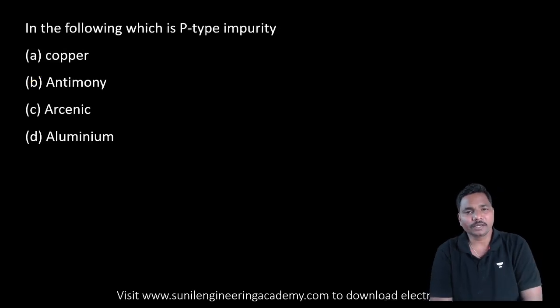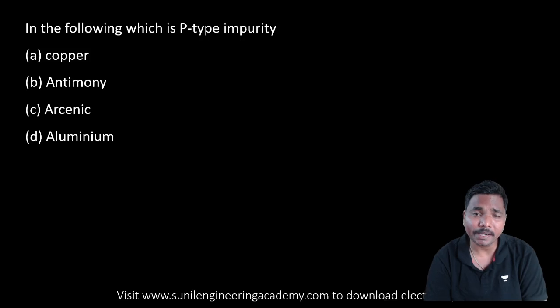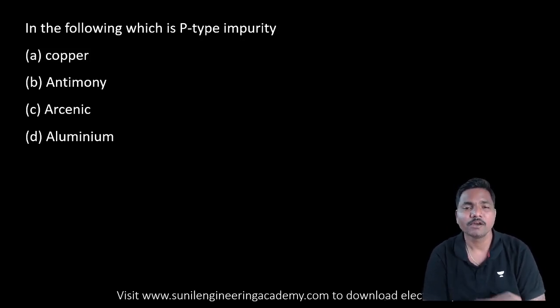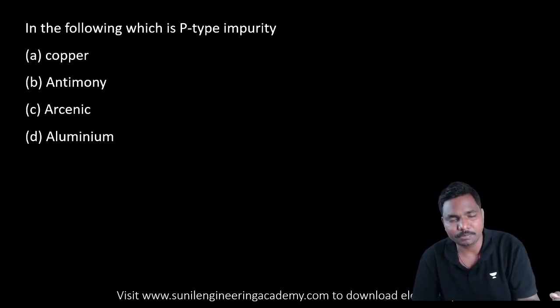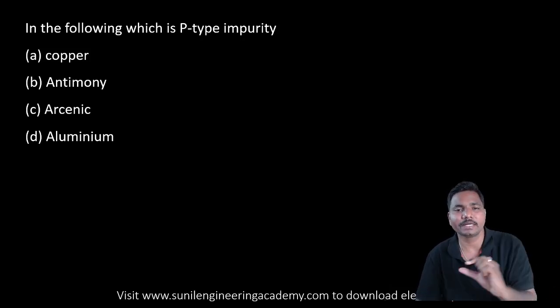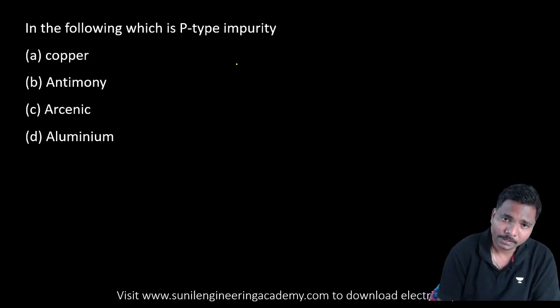Which of the following is a p-type impurity? Students, these types of questions are very repeated and very important in all competitive examinations. What are the p-type impurities? Acceptor impurities. n-type impurities? Donor impurities. Okay, so I will give a small remembering trick. All of you listen carefully. P-type, n-type.